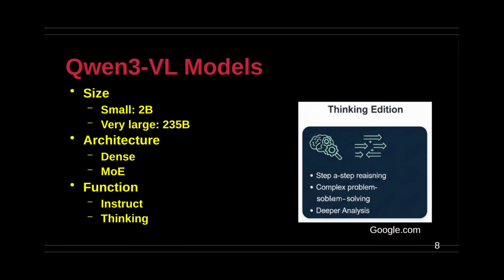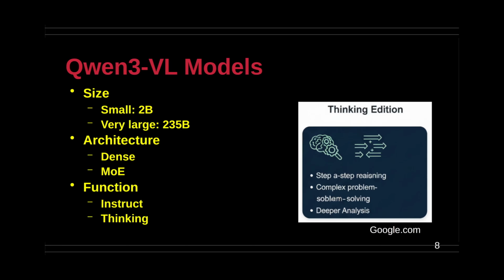The second difference is architecture. Dense versus mixture of experts, or MOE. Dense models, for example, Qwen3-VL-8B or Qwen3-VL-32B, use all of their parameters for every task, offering more predictable latency and being simpler to deploy.